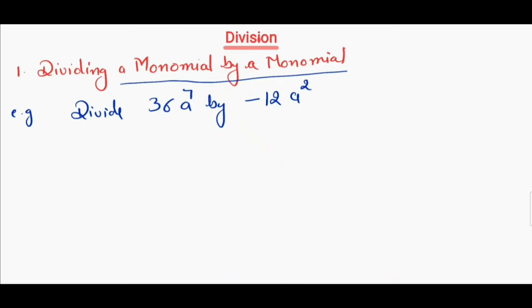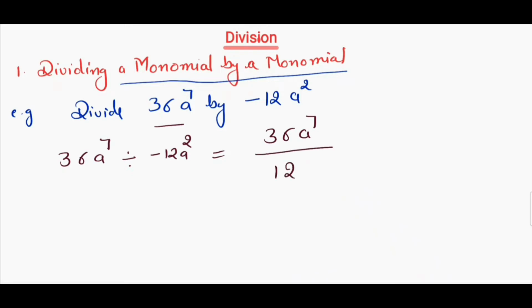We can write this as 36a raised to power 7 divided by negative 12a raised to power 2. We'll separate the numerical coefficient and the literal coefficient.